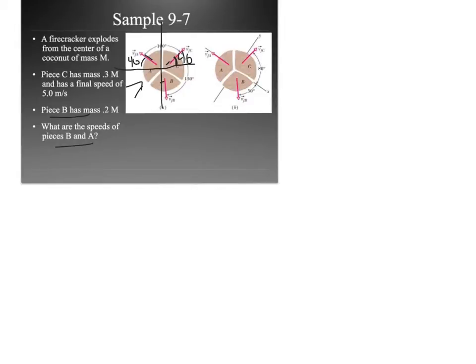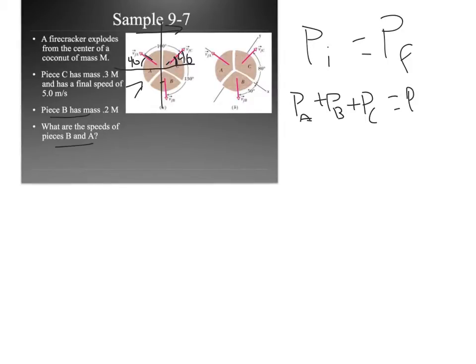Okay, so let's start by doing an equation for the momentum acting in the x direction, so horizontal, and look at how that momentum is conserved. The momentum before has to be equal to the momentum after. So momentum for A plus momentum for B plus momentum for C before and after have to be the same.